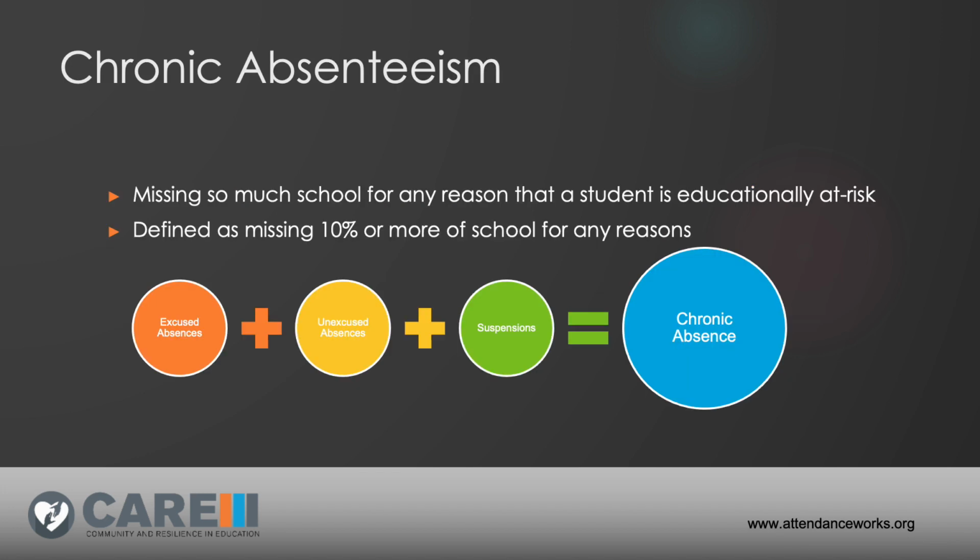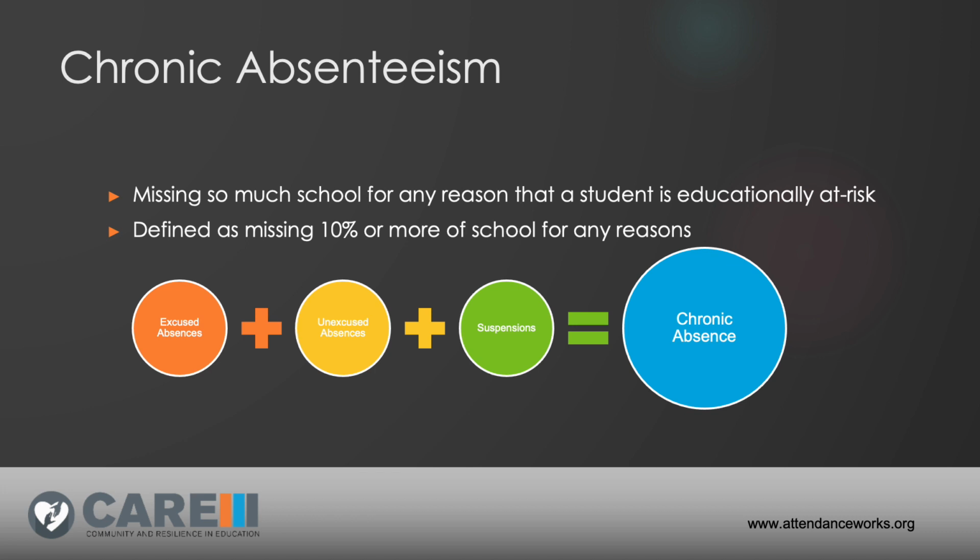Delving a little bit deeper into chronic absenteeism. Chronic absenteeism is generally referred to as a student missing 10% or more of school for any reason at all. As I previously mentioned, this includes excused absences, unexcused absences, and disciplinary actions such as suspensions.